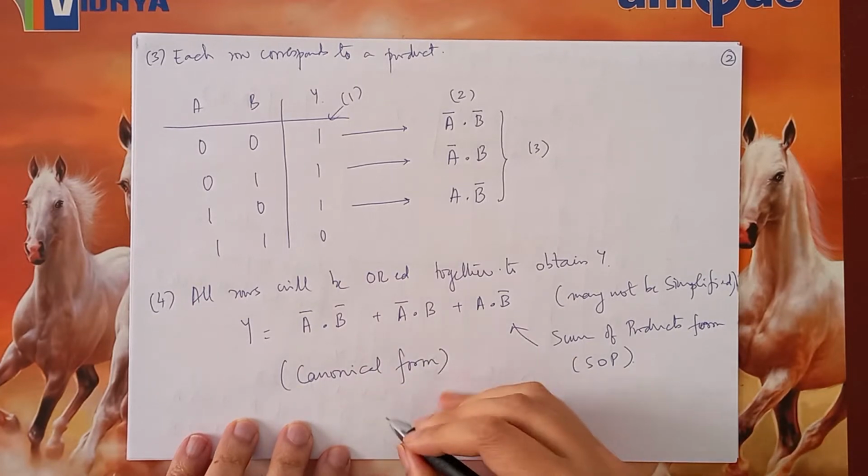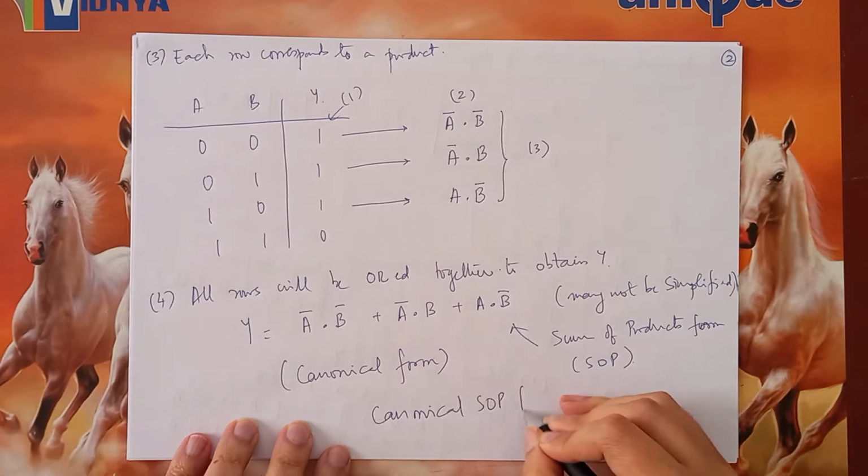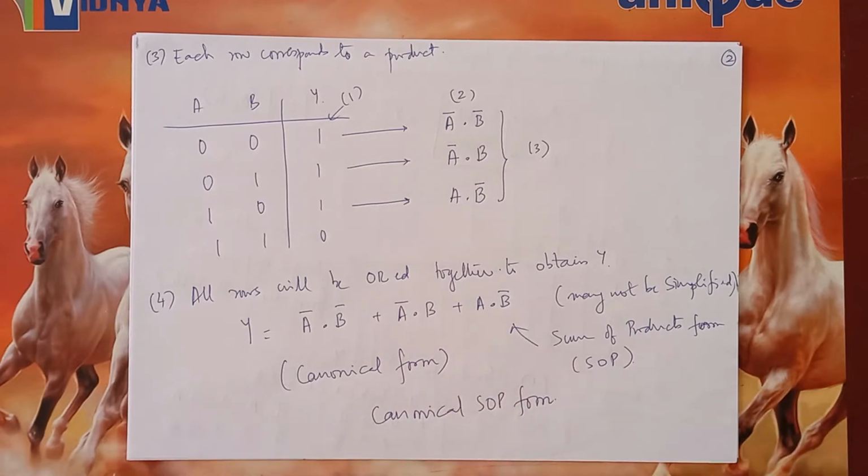So therefore this is called as the canonical SOP form. So we saw one way through which we can get a canonical SOP form for a system just by looking at the truth table.